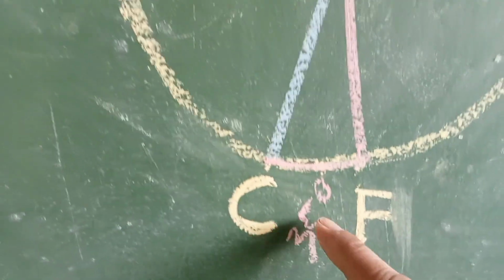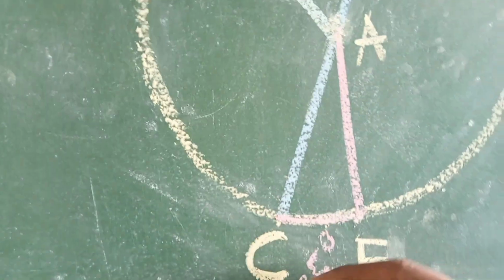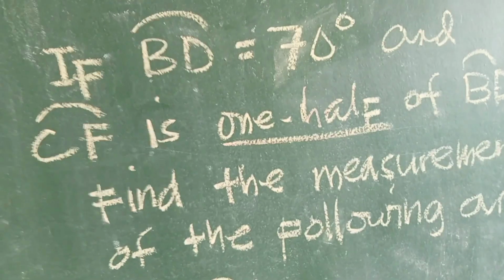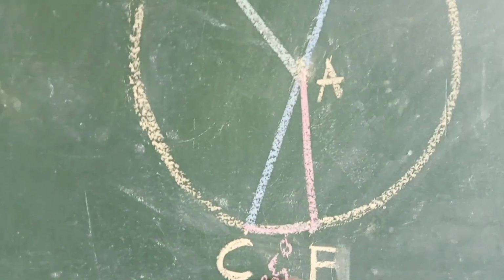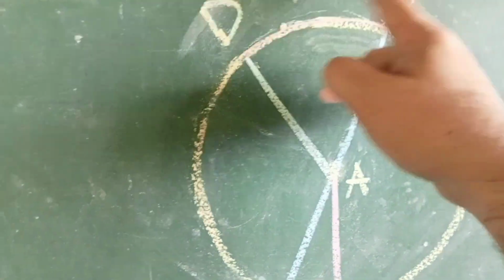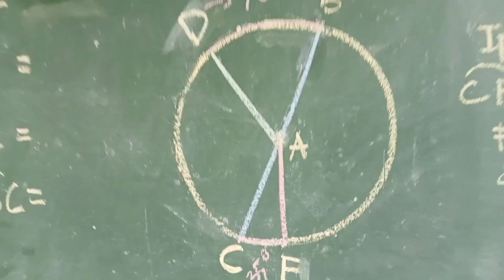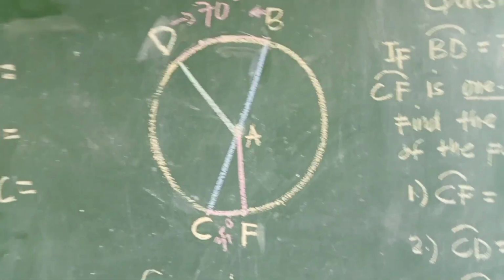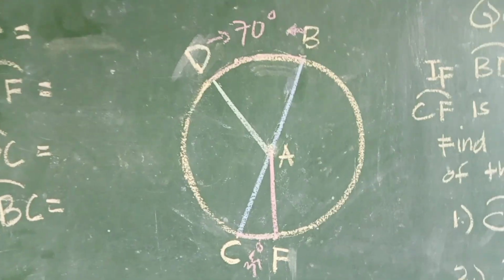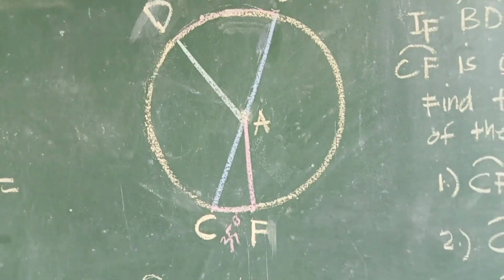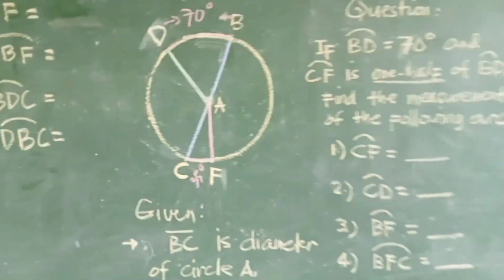Why is it 35 degrees? Again, because according to the given statement, arc CF is 1/2 of arc BD. That's how you analyze the given figure. Like I said before, geometry is one of the easiest branches of mathematics. All you have to do is analyze the given.